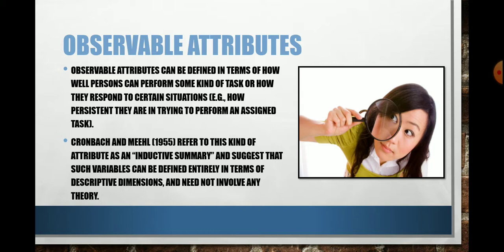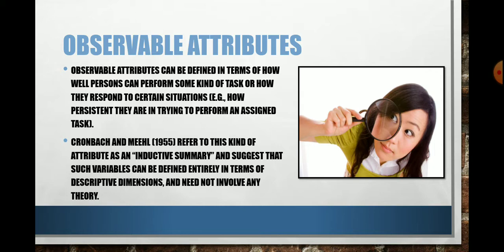Okay, so let's proceed and suggest that such variables can be defined entirely in terms of descriptive dimensions and did not involve any theory. As you have read in the last sentences, or as you have heard from what I've read, it was highlighted that it does not involve any theory.